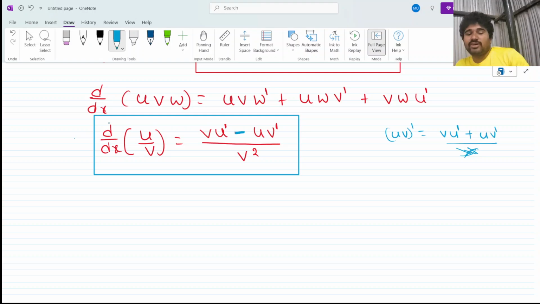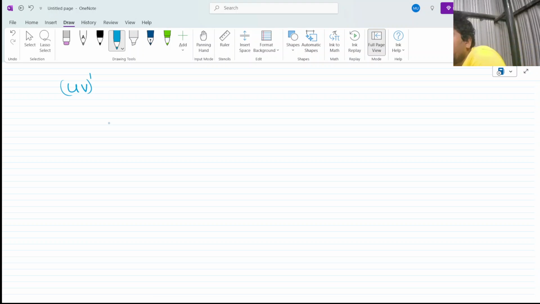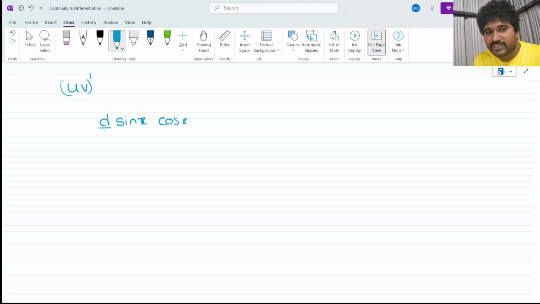Tell me now, along with me, the uv whole dash formula. What is the uv formula? vu dash plus uv dash. What does the dash mean? Differentiation. For example, if I give you sin x into cos x, do its differentiation.